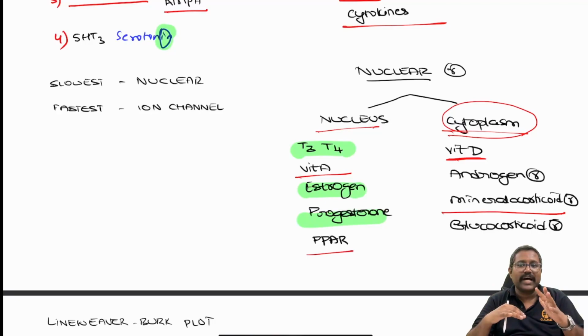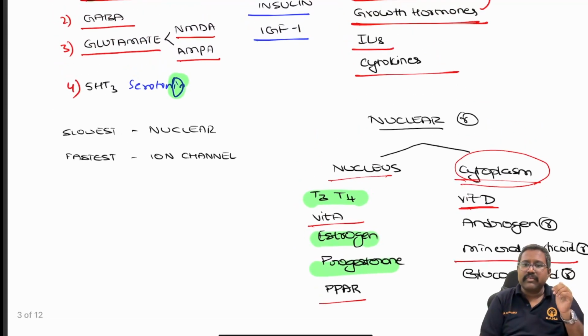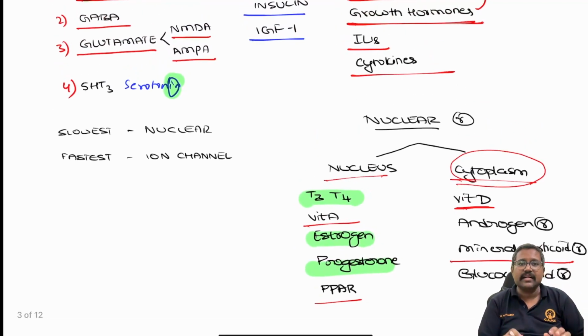Under nucleus you have thyroid hormones T3 T4, vitamin A, estrogen, progesterone as well as PPAR, whereas in the cytoplasm we have vitamin D and the steroids, that is the mineralocorticoids and the glucocorticoids.